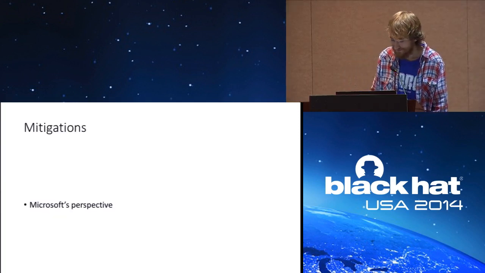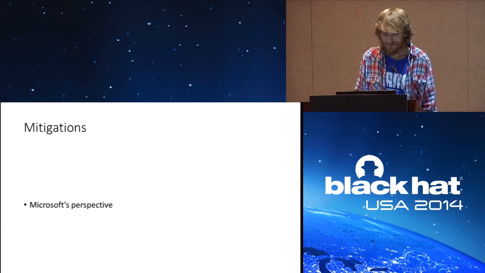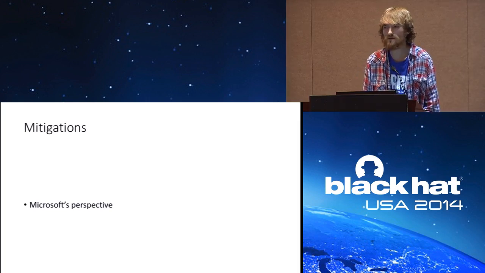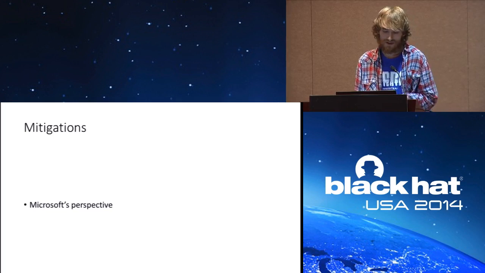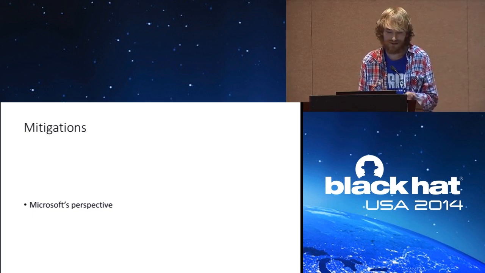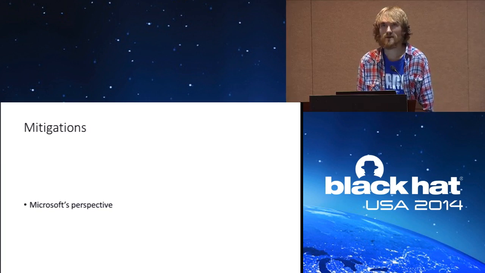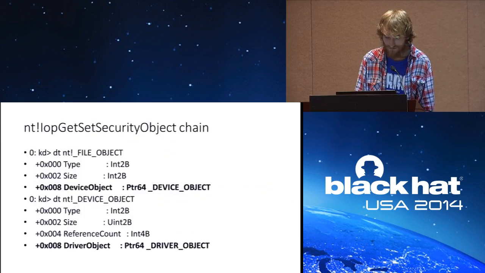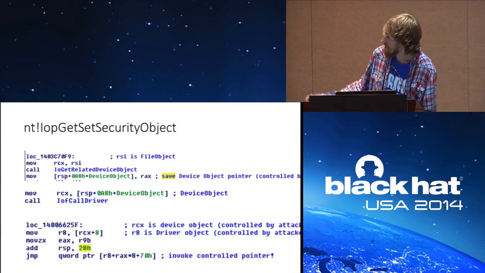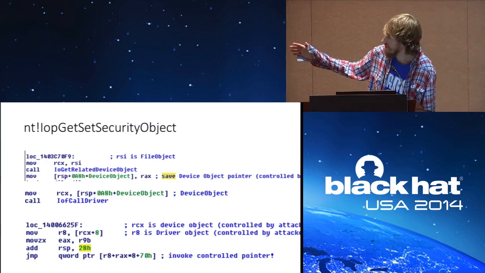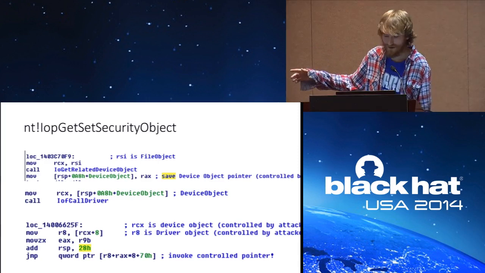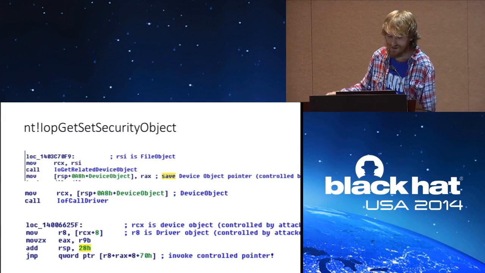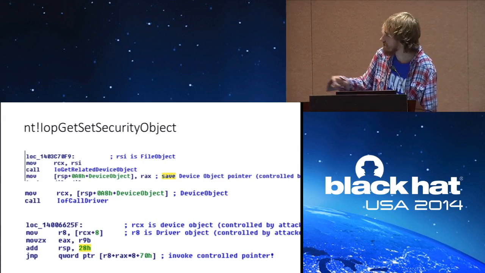Talking about mitigations, I can talk from the hardware perspective. I bypass SMEP because I don't play with it. I don't try to disable or bypass it. Talking about SMAP, it's nice because if you can read in kernel memory that is in user space, okay, you just smash the file object with a pointer to user mode memory.